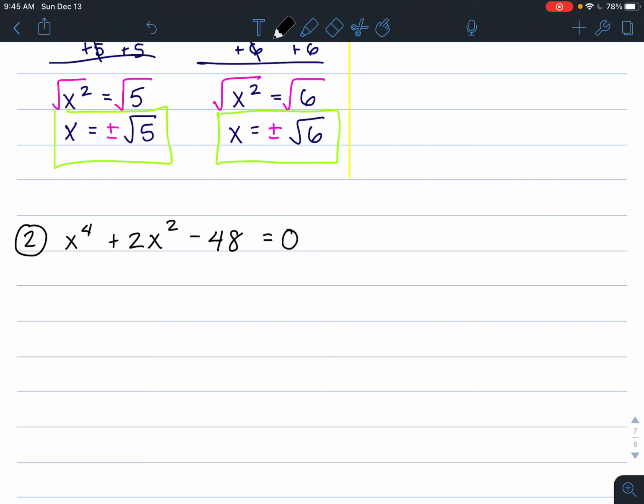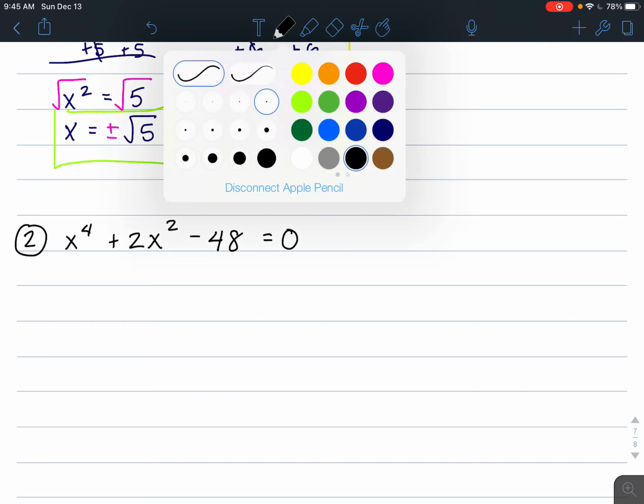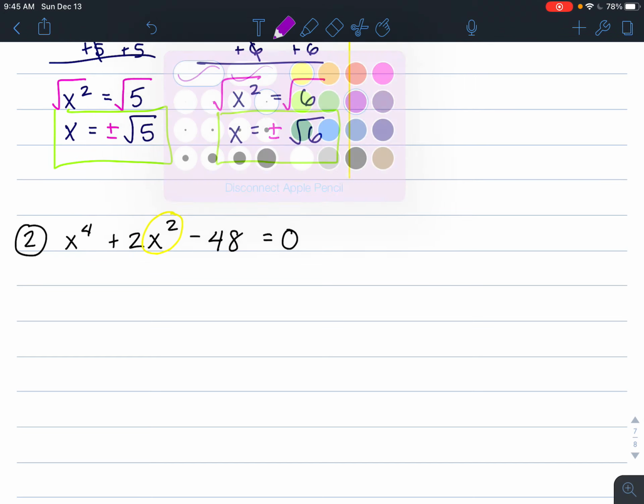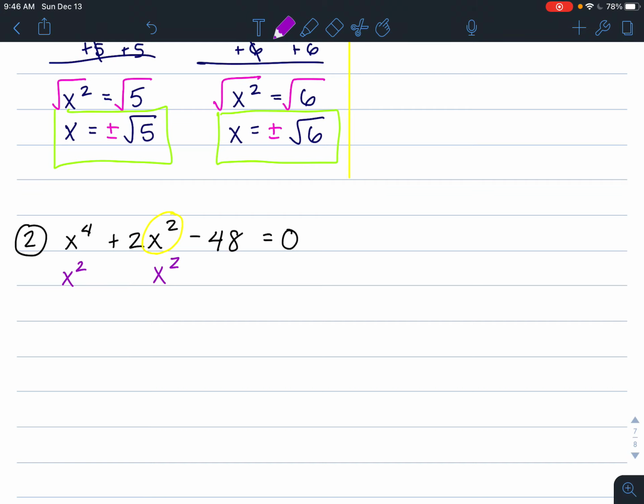Whenever you have 3 terms like this, you always want to check to see if you can make it look like a quadratic equation. I look at my middle term, and I see x squared, and I know that x squared all squared is really just x to the 4th. I'm just going to color code it a little bit.